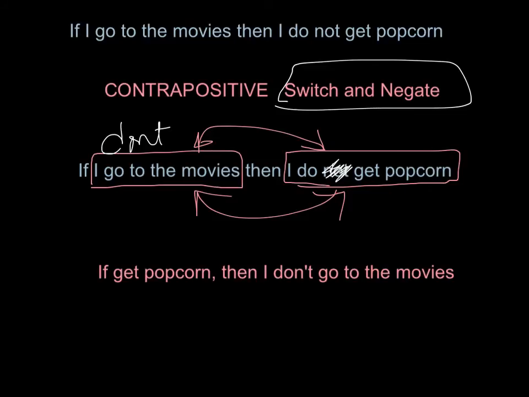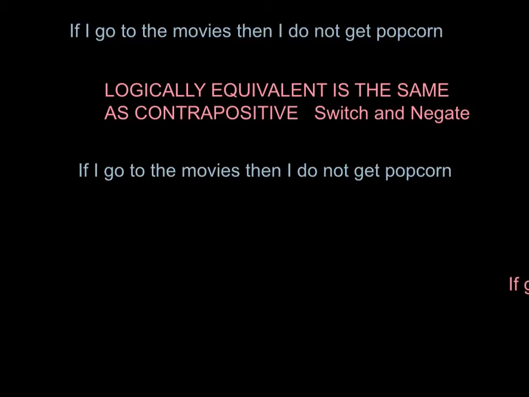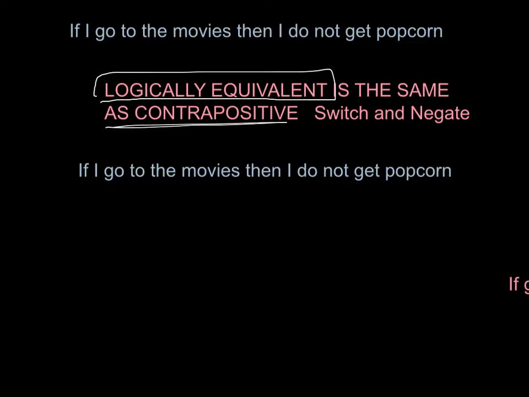The next slide. If I go to the movies, then I do not get popcorn. Logically equivalent is a fancy word for the contrapositive. Logically equivalent is the same as the contrapositive, so we're going to switch and negate. The Regents likes to use the words logically equivalent because they ultimately have the same truth value.